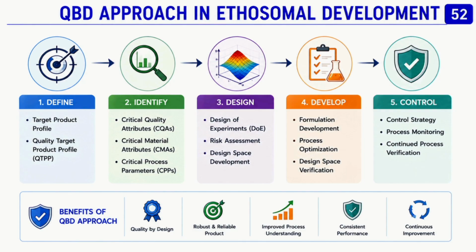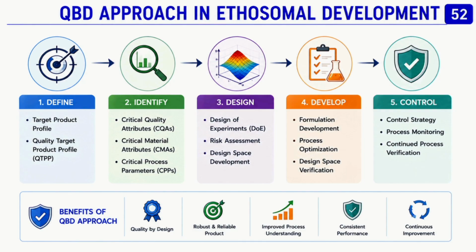Potential critical quality attributes include the particle size, PDI, entrapment efficiency, deformability, drug release and the permeation. Design of experiments can then be used to understand the interactions among the formulation variables. This approach can produce a more robust formulation than empirical trial and error development.